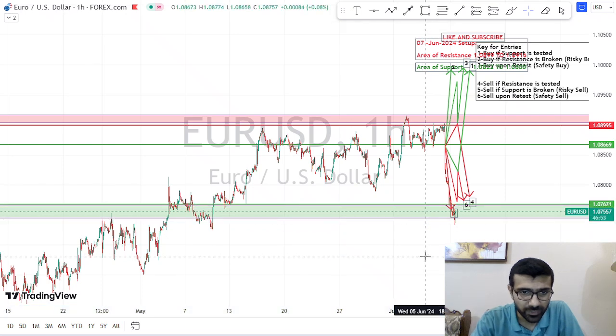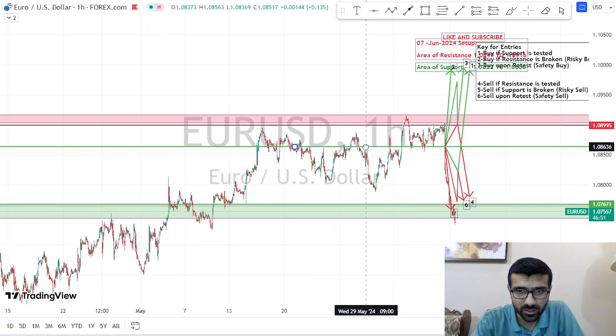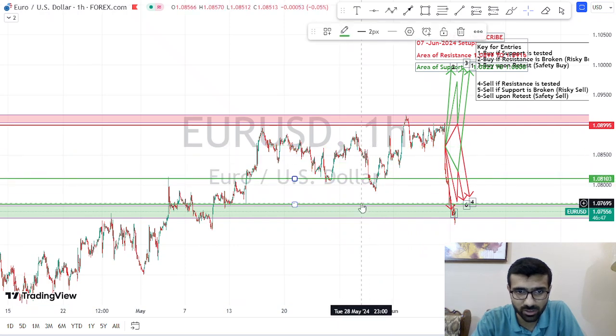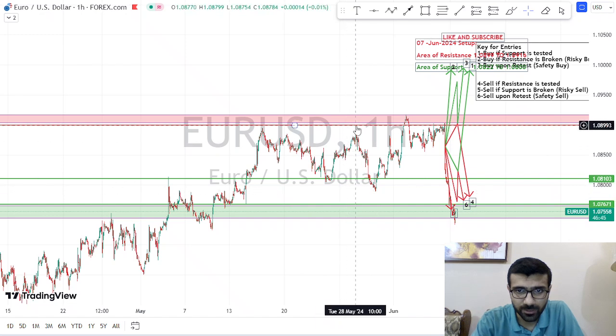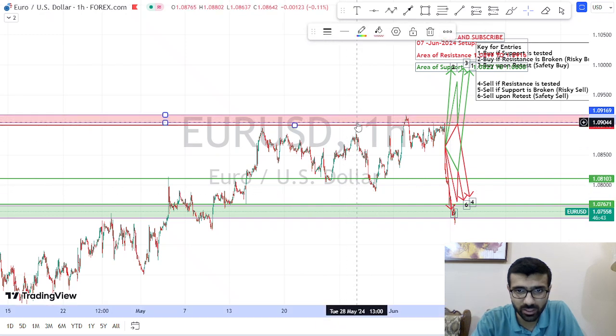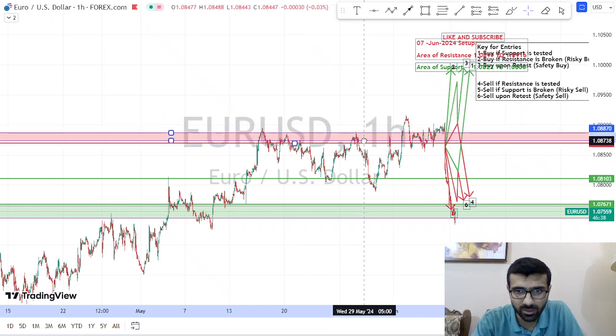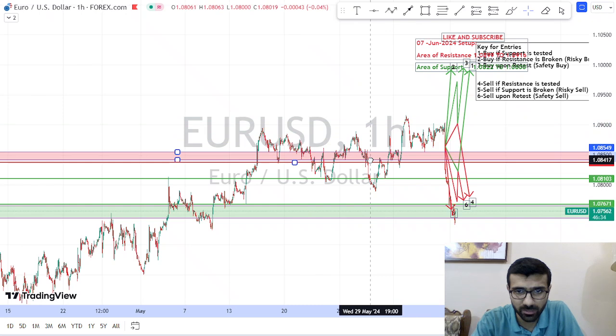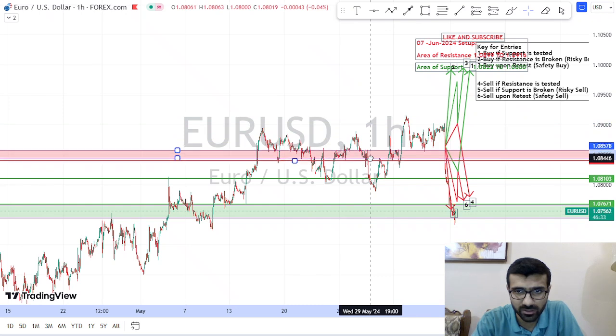Let us move this support downwards, as this will be the short term area of support where the market might give us a good reaction, and the area of resistance will now be shifted downwards as well, and this might be a good area of resistance.